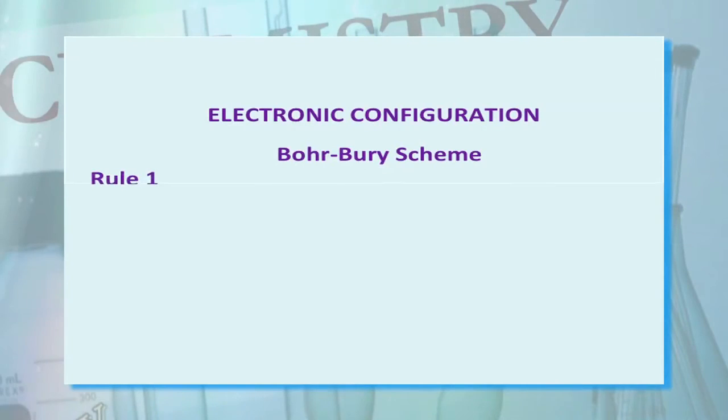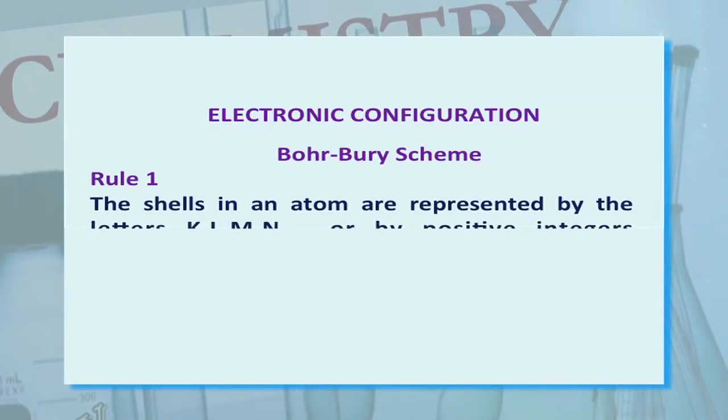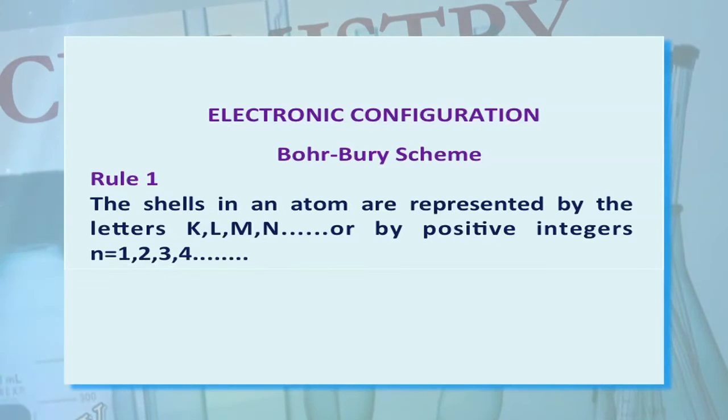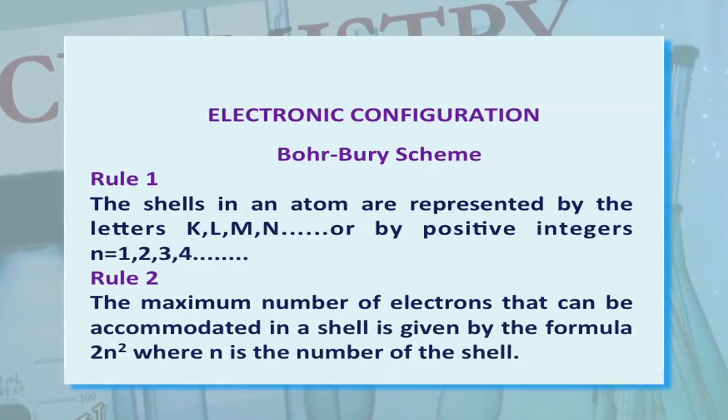Electronic configuration is followed by a rule or scheme called the Bohr-Bury scheme. According to this rule, the shells in an atom are represented by the capital letters K, L, M, or by the positive integers n equal to 1, 2, 3, 4, that represent the number of shells: the first shell, second shell, third shell, fourth shell, etc. Rule 2: the maximum number of electrons that can be accommodated in a shell is given by the formula 2n², where n is the shell number.